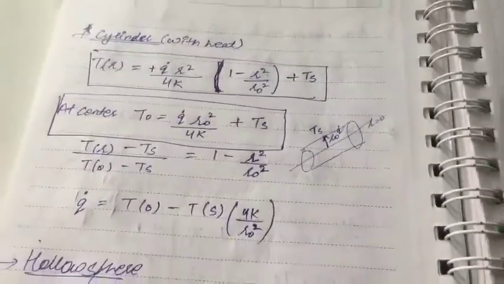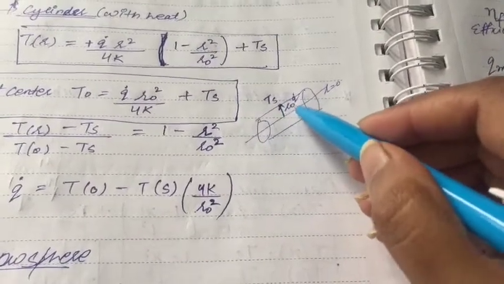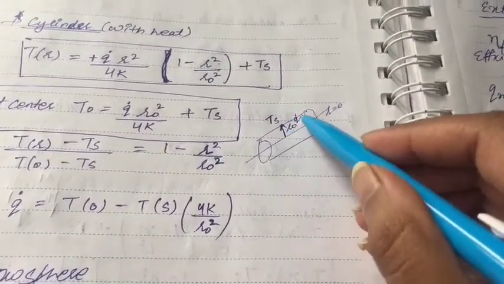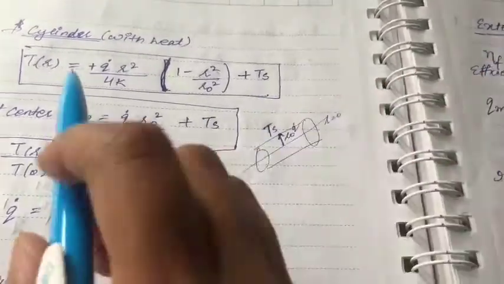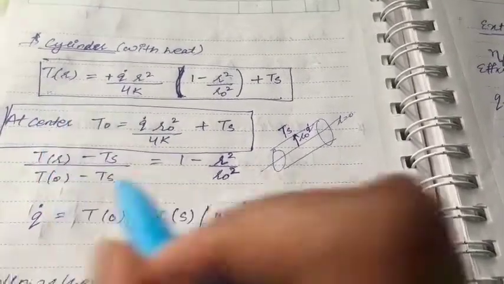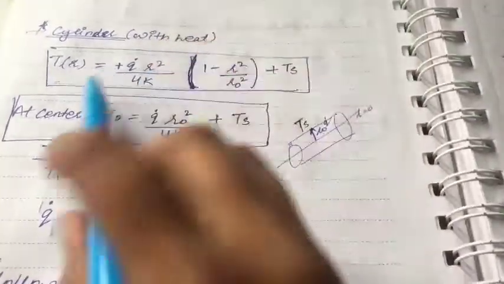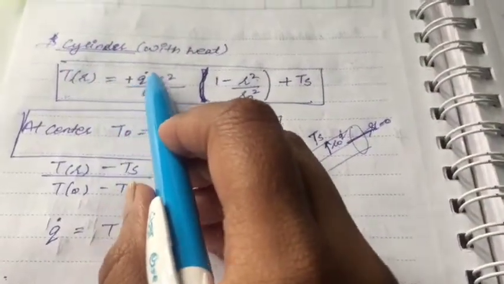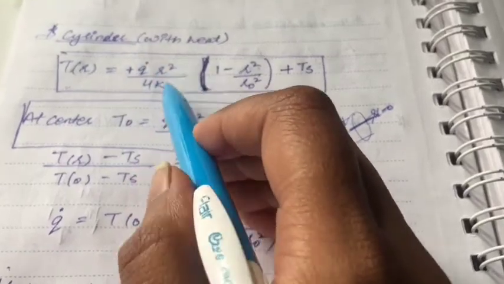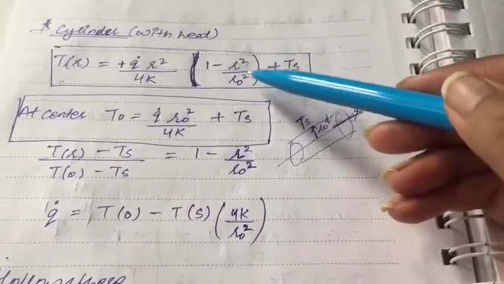Then we have a cylinder with heat generation. So we have a cylinder whose radius is given as R0, and the temperature at surface is Ts, and then we have to calculate temperature at any given radius R. So any given distance from the center, R equal to 0, that would be Q naught R square by 4K into 1 minus R square by R naught square.